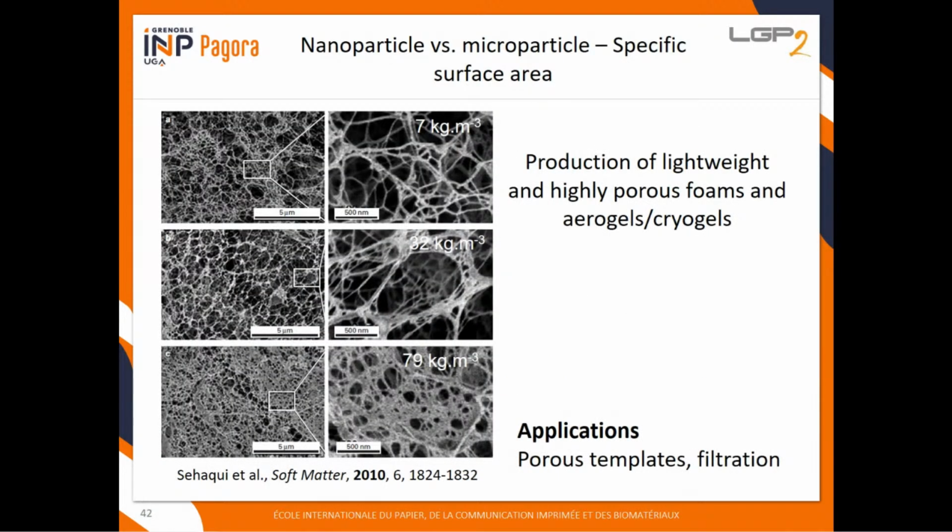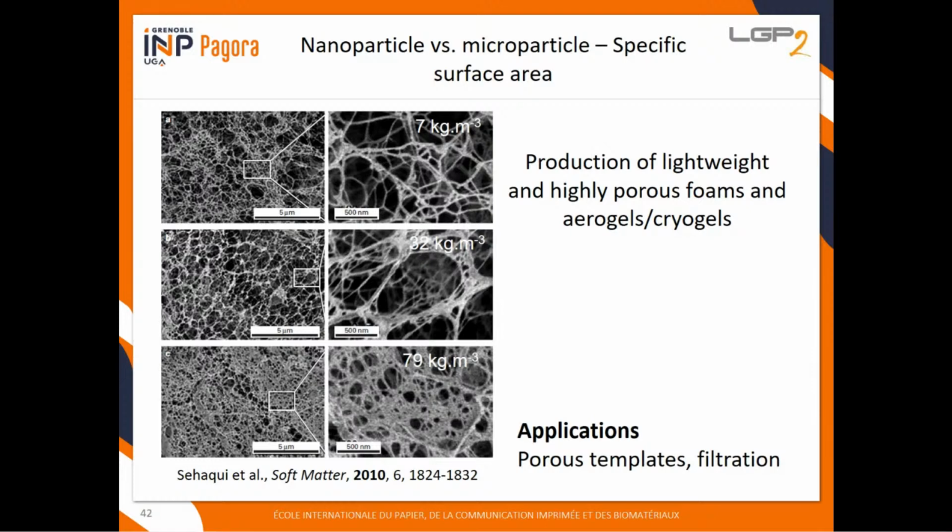So also because of this high specific surface area, it's possible to submit the suspension to a freeze-drying treatment in order to remove water, avoiding the collapse of the microfibrils, and we can produce lightweight and highly porous foams and aerogel or cryogel.